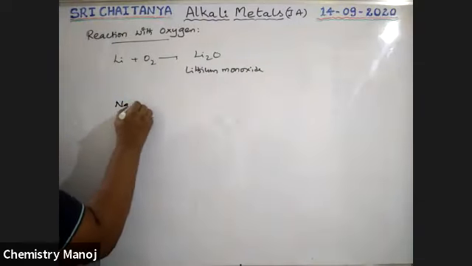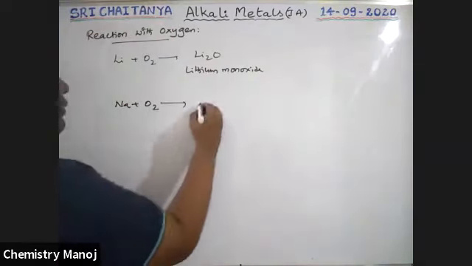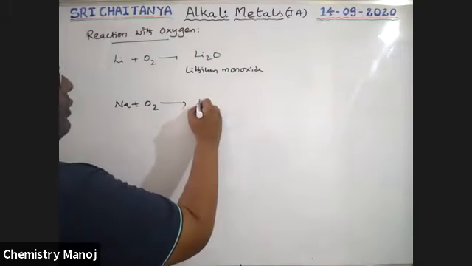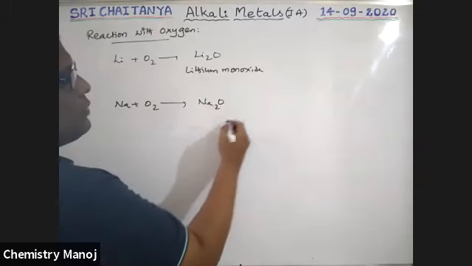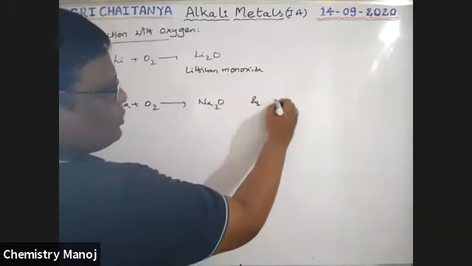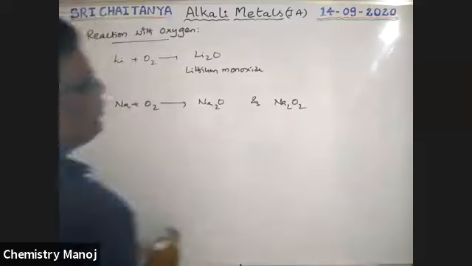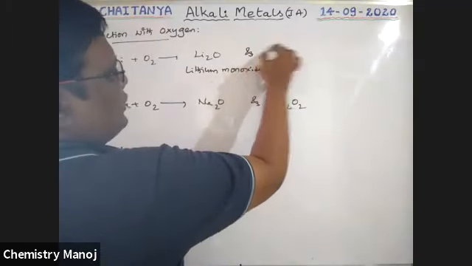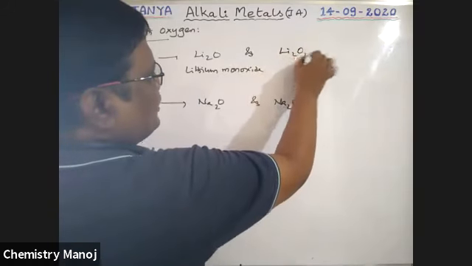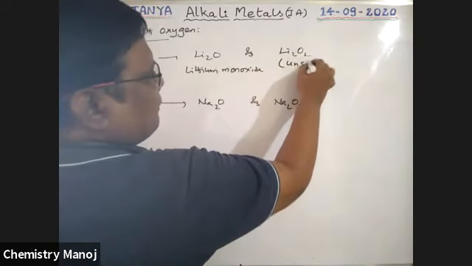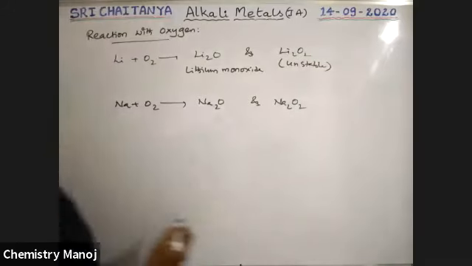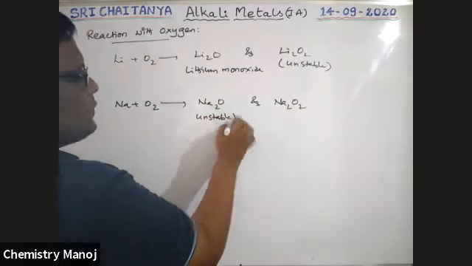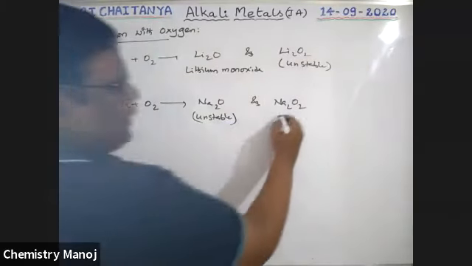Next, sodium, when it reacts with oxygen, gives sodium oxide and also sodium peroxide as the products. Here also, lithium peroxide formed is unstable. With respect to lithium, the peroxide is unstable, but for sodium the peroxide is stable.